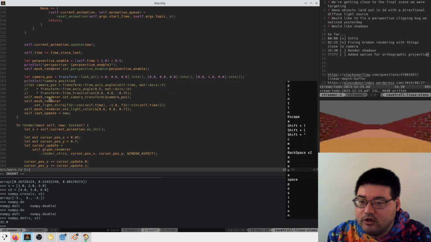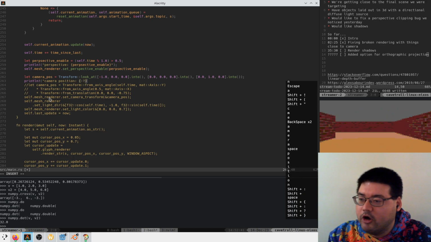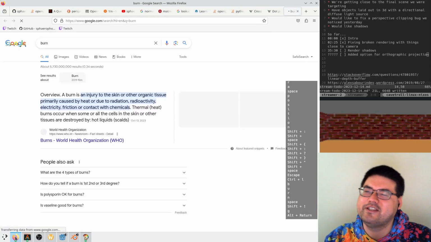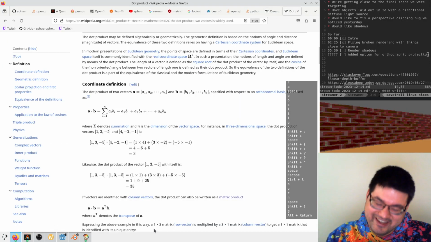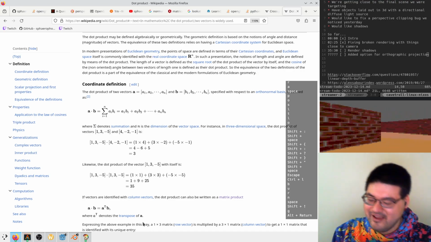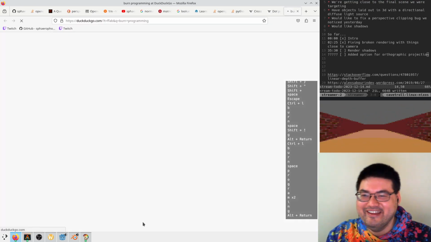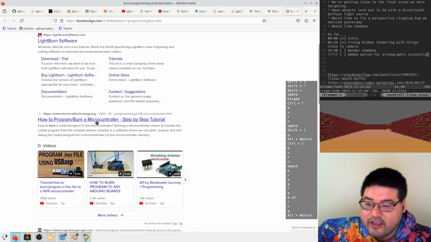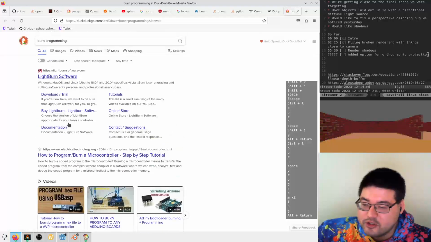Are you using Burn by any chance? What's Burn? Burn. Oh, that's not good. Oh no, it's just people with burnt hands. Burn programming. Laser engraving cutting. Burning images to microcontrollers.